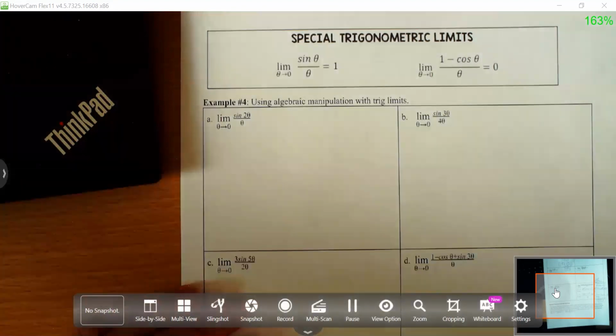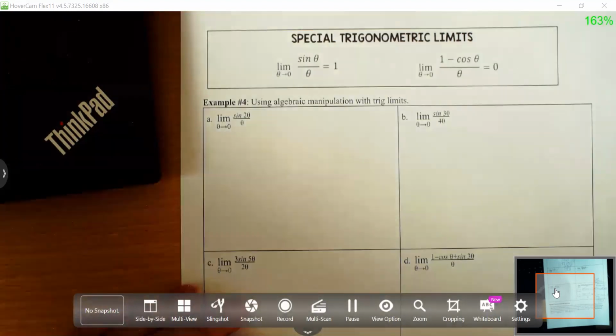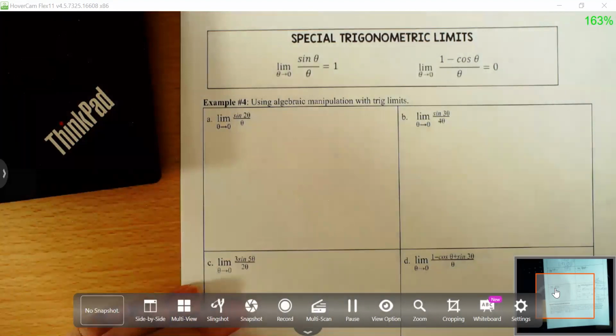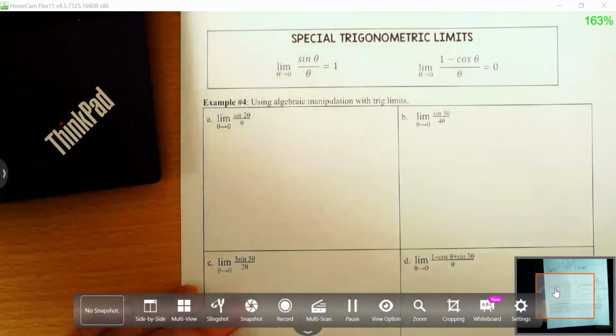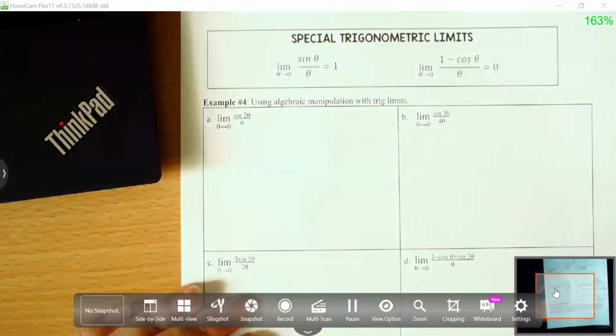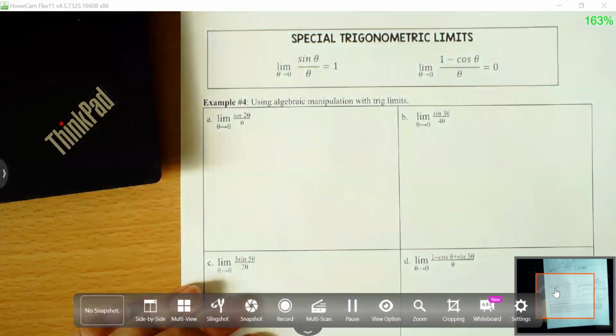So if I look at the first problem, I have limit as theta approaches 0 of sine of 2 theta over theta. If I try plugging in 0, you see that I'll get sine 0 over 0, which is just 0 over 0. That's indeterminate.